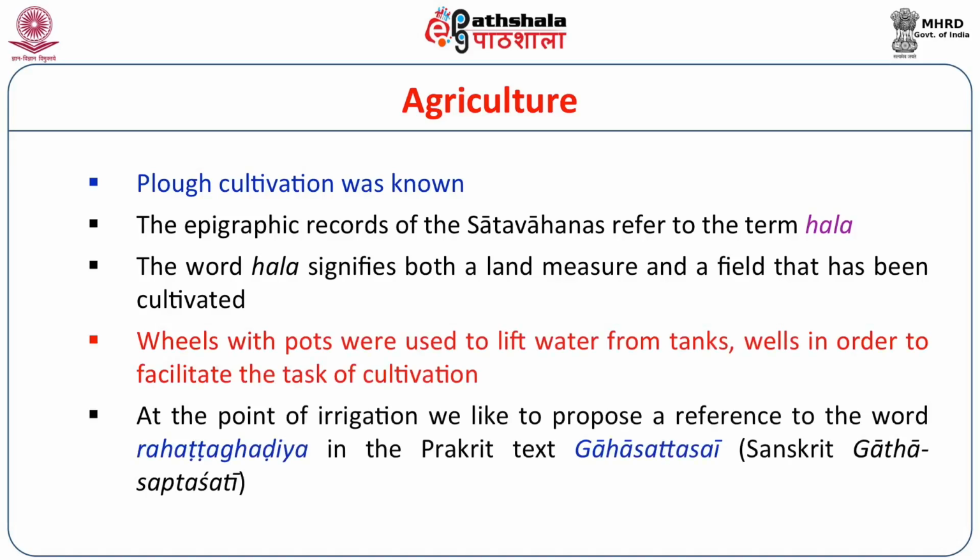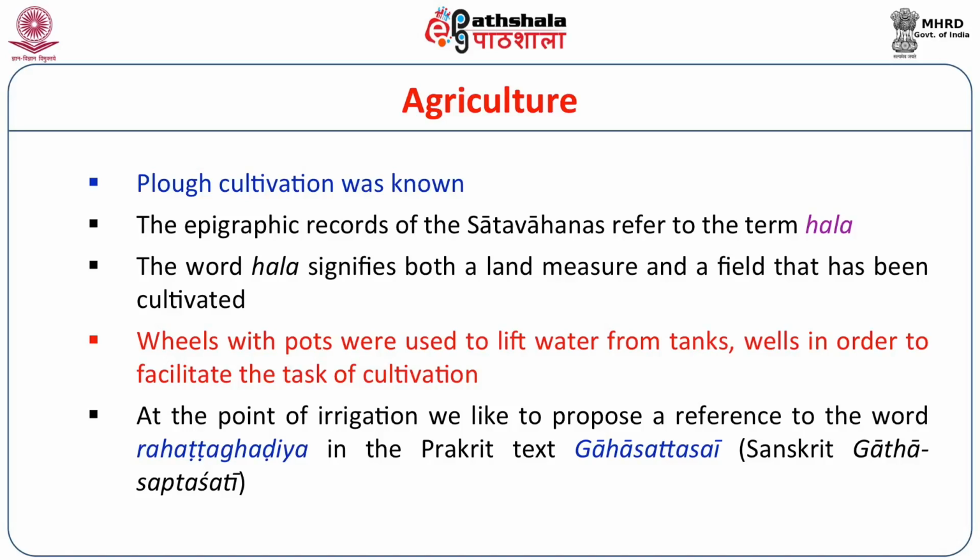On the point of irrigation, one thing should be kept in mind: agricultural operation becomes successful if it is facilitated by a profuse supply of water, and this may come either naturally or by way of irrigation. Now, when irrigation is concerned, what kind of information do we get from the records of the Sātavahanas? We like to propose reference to the word Rahatta Ghadiya Jantra in the Prakrit text Gaha Sattasai, written by the Satavahana king Hala.